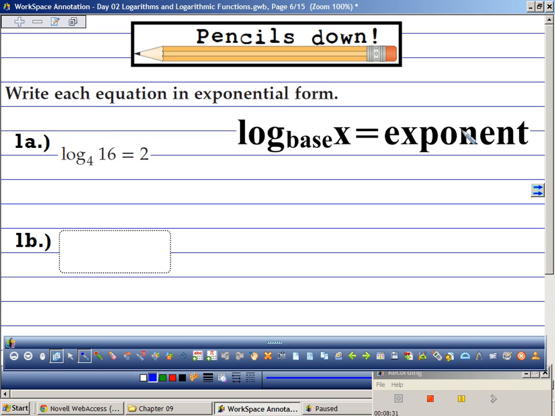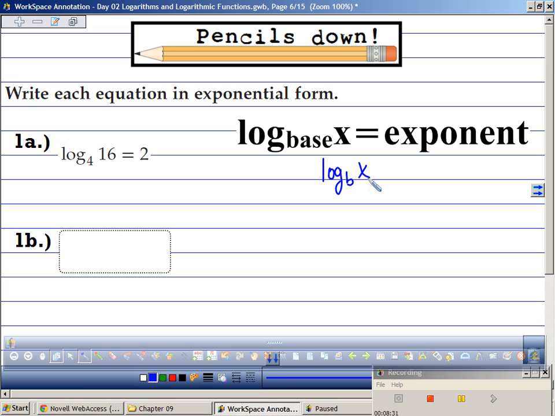All right, so logarithms equal exponents. So log base b of x equals y, the exponent. Exponentially, it looks like this: the base to the y equals x.